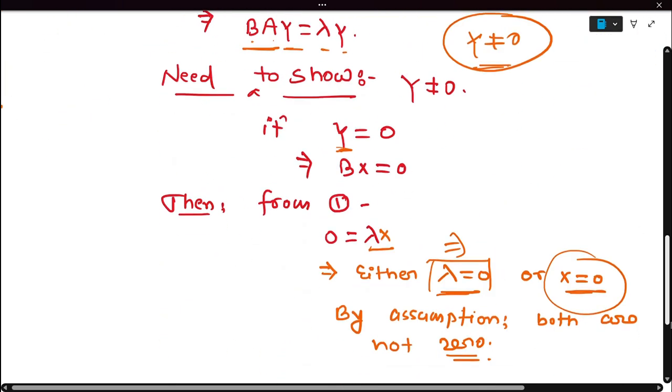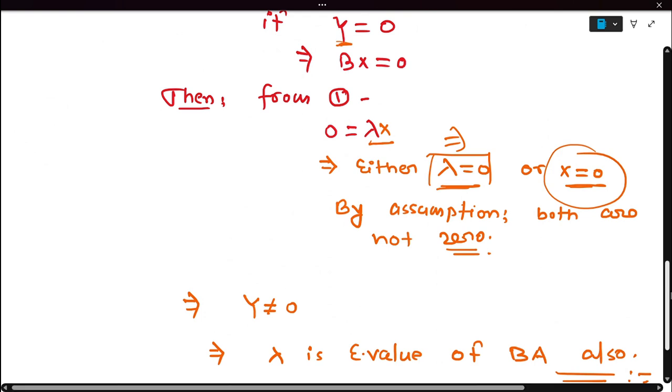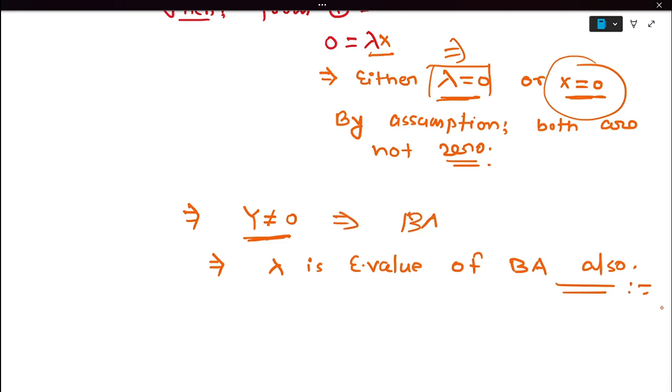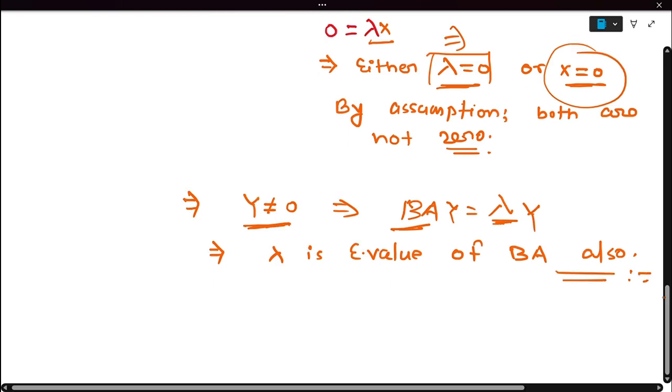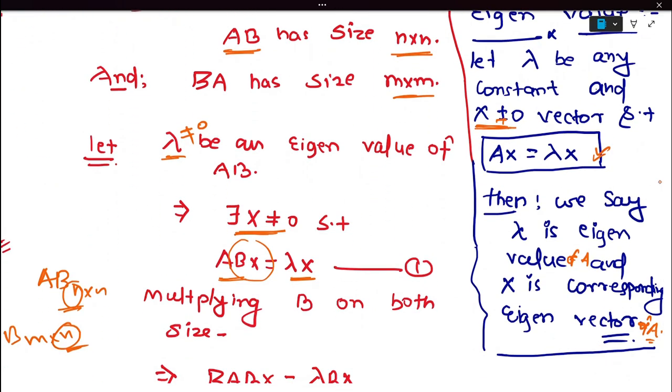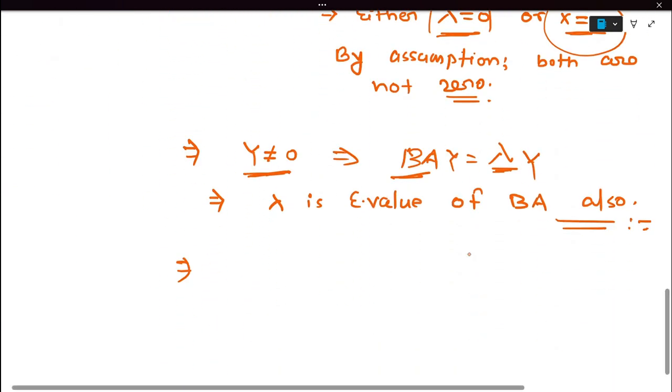So both conditions are not possible, and hence y is non-zero. Since y is non-zero, BAy equals lambda y, so lambda is an eigenvalue of BA. So we have proved that if lambda is a non-zero eigenvalue of AB, then lambda is an eigenvalue of BA also.